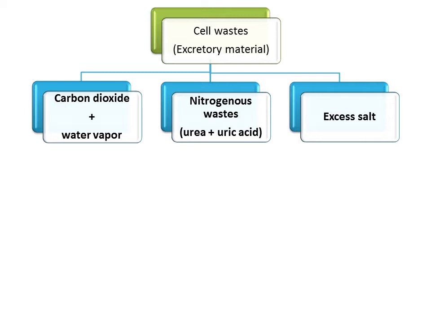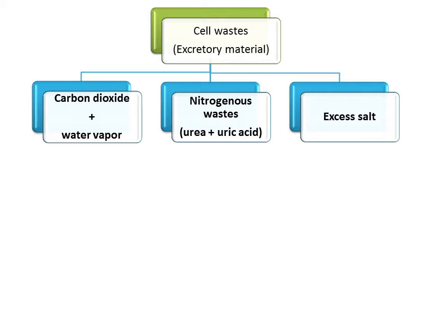Let's see one by one how does each one of these wastes get removed outside the body. First of all, the carbon dioxide and the water vapor, we know that both of them are gases, and as we took in junior 4, the gases are removed outside the body by the respiratory system, and the main organs in the respiratory system are the 2 lungs.